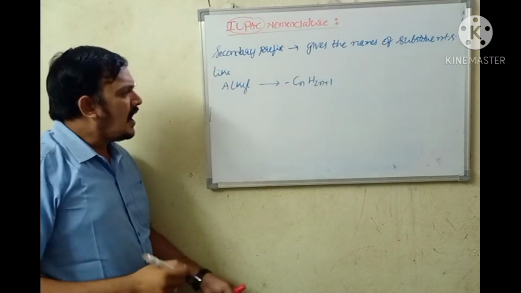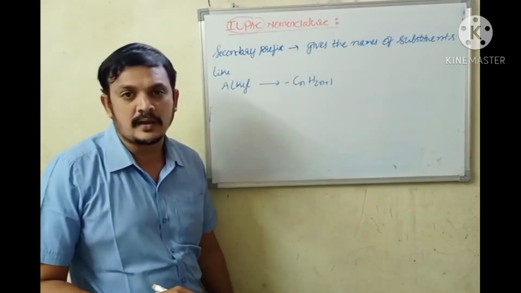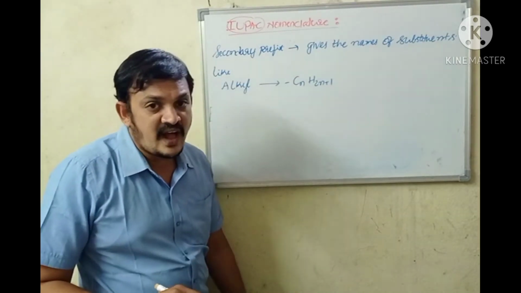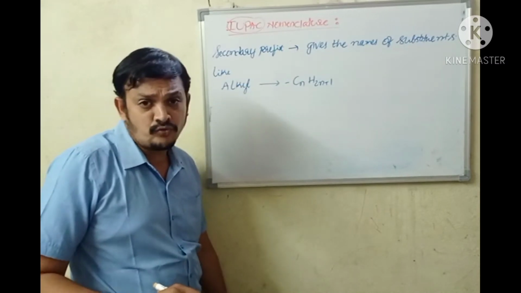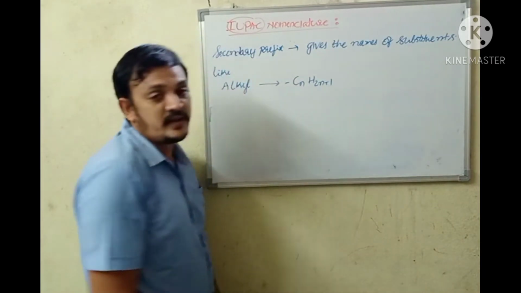You all know alkyl group is obtained by removal of a hydrogen atom from alkane. You know that alkanes have the general formula CnH2n+2. If one hydrogen atom is removed from that, it will have the formula CnH2n+1.